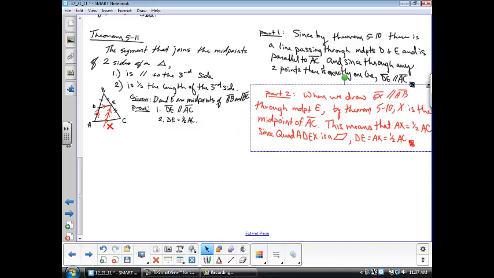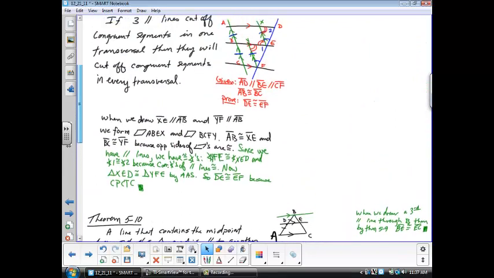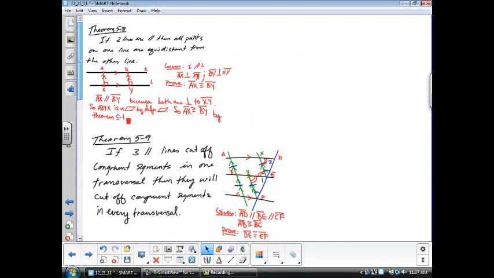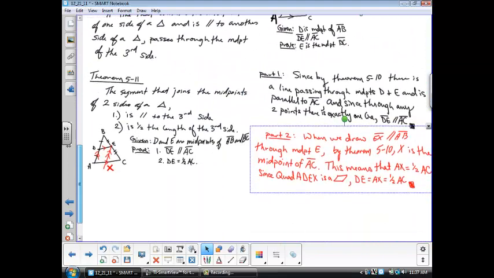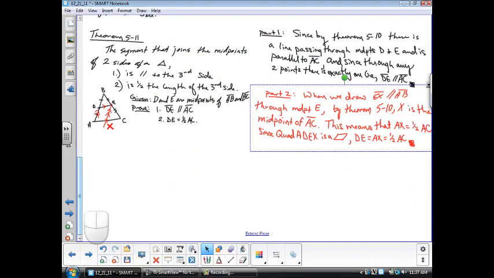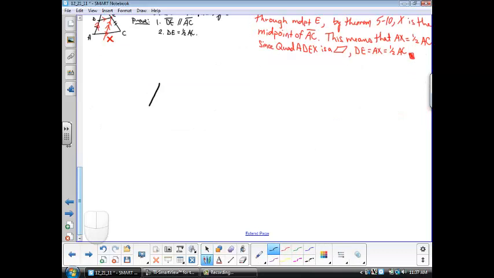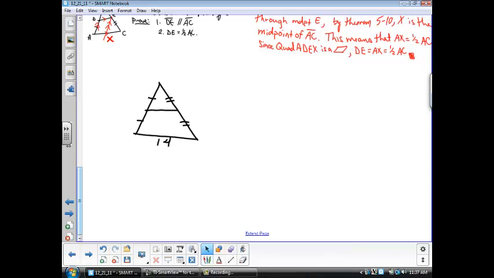Alright, now when we have this specific diagram we just looked at, we know a lot of information about that type of figure. So when we have a triangle that has a segment that's joining midpoints, and they give us some lengths, for example, they tell us that this length down here is 14, then we know that this segment that joins midpoints has to be 7, which is half of 14.